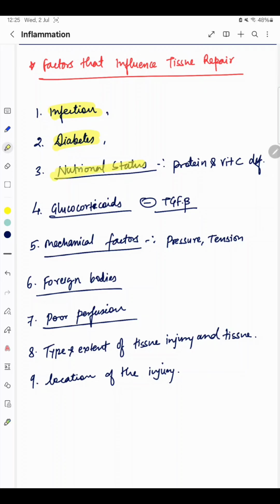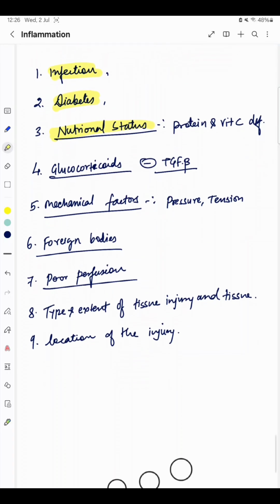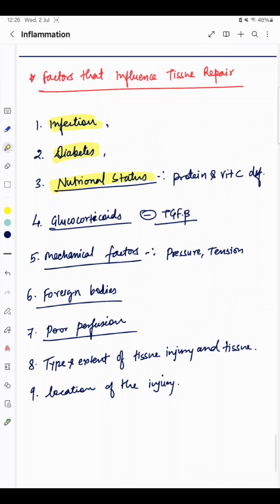Nutritional status: deficiency of protein and vitamin C will also result in delayed healing, as these are very important for connective tissue deposition. Glucocorticoids inhibit TGF beta. As we know, TGF beta is the most important cytokine for the deposition of connective tissue.